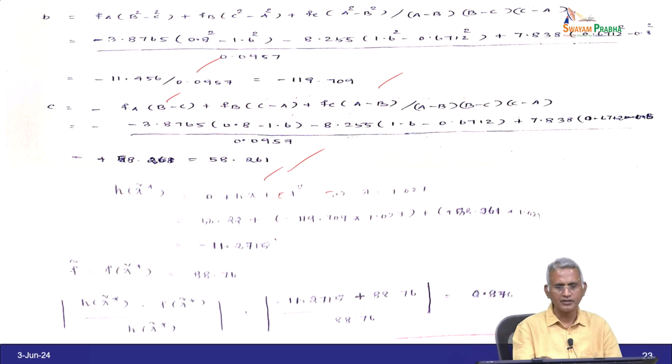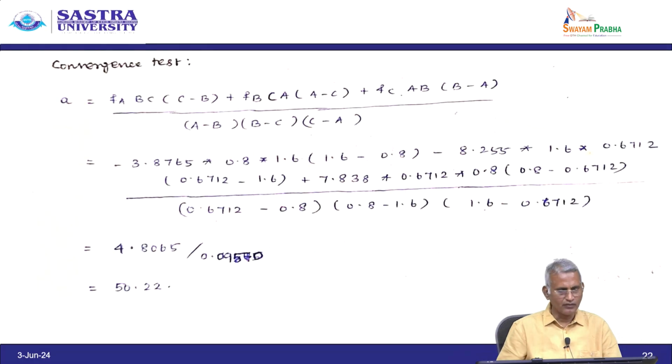So, this implies lambda equal to 1.027, and then A value is what? Already we found out A value is 50.22.